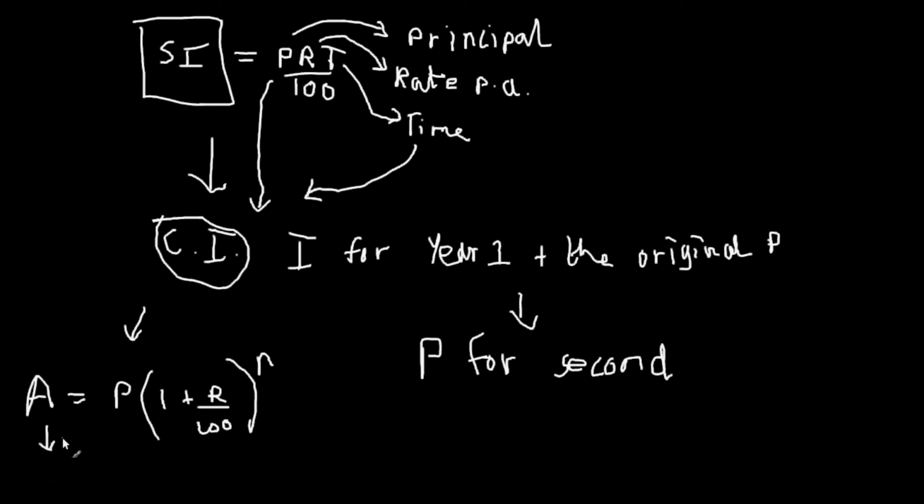An amount is equal to the principal along with the compound interest. P is again principal, R is rate, and N, again you should note that this is not equal to the time. It's actually equal to the number of terms.